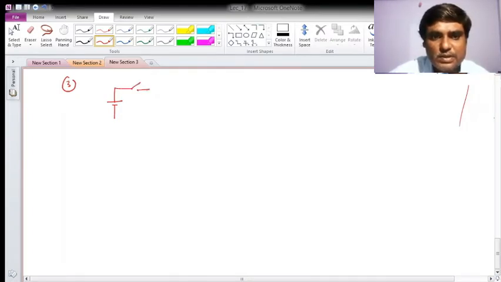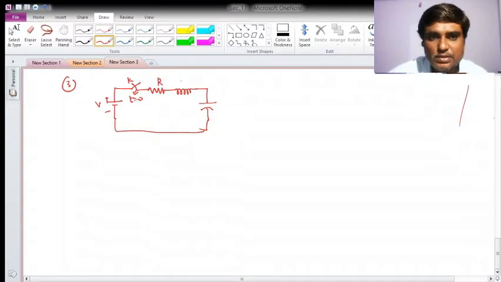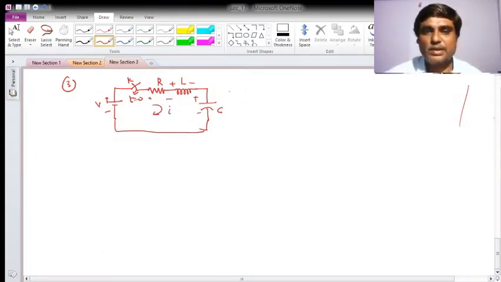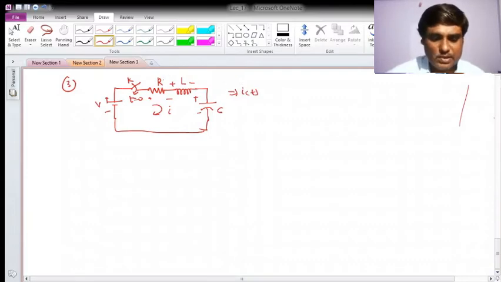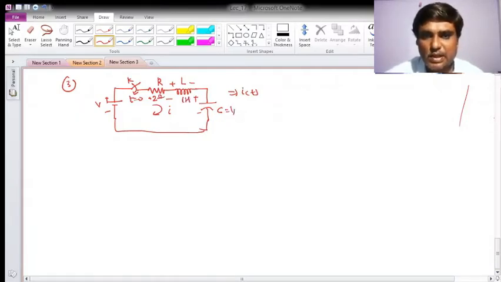There is a switch, say a resistor, then there is an inductor, and then the inductor is connected to a capacitor in series, and say the switch is closed at t is equal to 0, and this is my V, say R, L and C. The same circuit which we have taken for the first case, say this is my current and I want to solve for I of t, and say my value of R is 2 ohm here, L is 1, and C is, let's say, half farad.